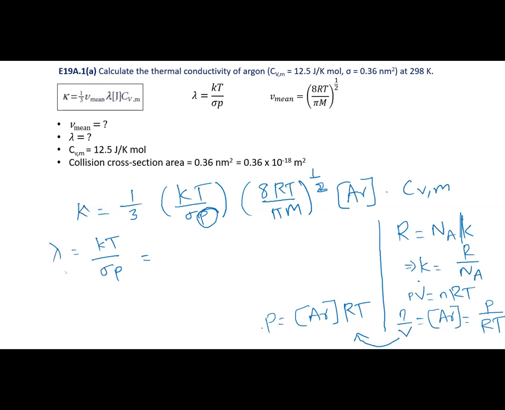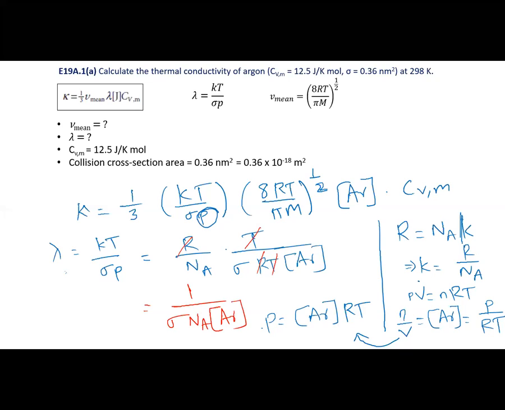So it becomes R over Na times T over sigma times the concentration of argon times RT. Alright, we have many common terms, so we can cancel all of them. RT, RT gets cancelled, and it becomes 1 over sigma Na. So that's our lambda.